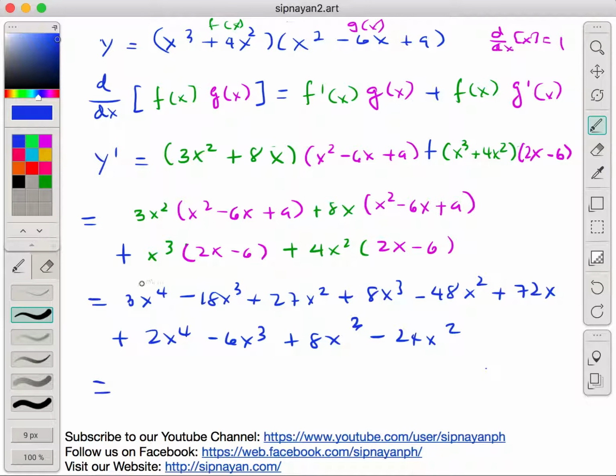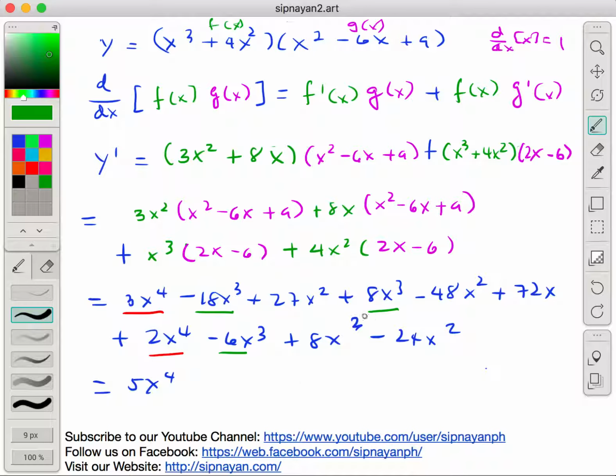So, lahat ng may fourth, pwede natin i-kolektahin yung may fourth. 3x to the fourth tsaka ito. Dalawa lang, so I have 5x to the fourth. Tapos, lahat ng may x cubed: minus 18x cubed plus 8x cubed. Ano pa ba? Minus 6.